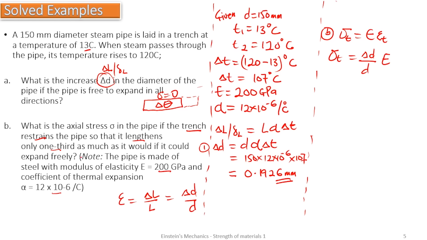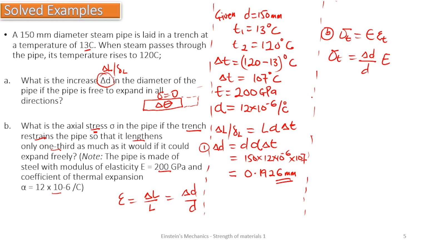But looking at the question, it says it lengthens only 1/3. So instead of the bar lengthening fully, which is a whole number 1, it was able to lengthen only 1/3 of it, meaning there was an amount which was restrained, and that amount which was restrained is going to cause an equal stress in the bar. So let's find the amount which wasn't able to expand freely.